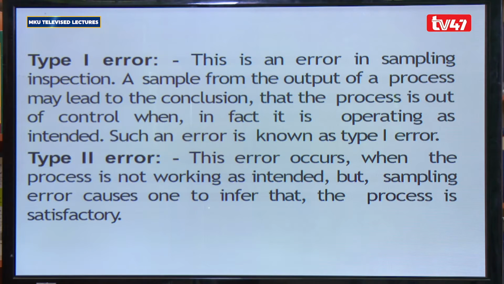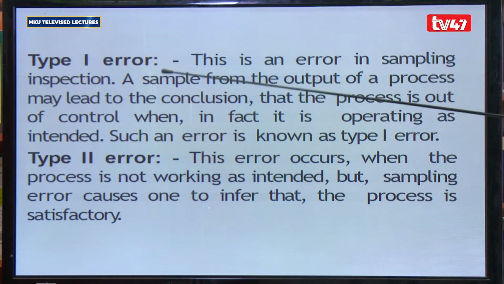This will come across when we shall be doing hypothesis testing, to test the hypothesis whether the level of quality is within the acceptable limit or is out of control.